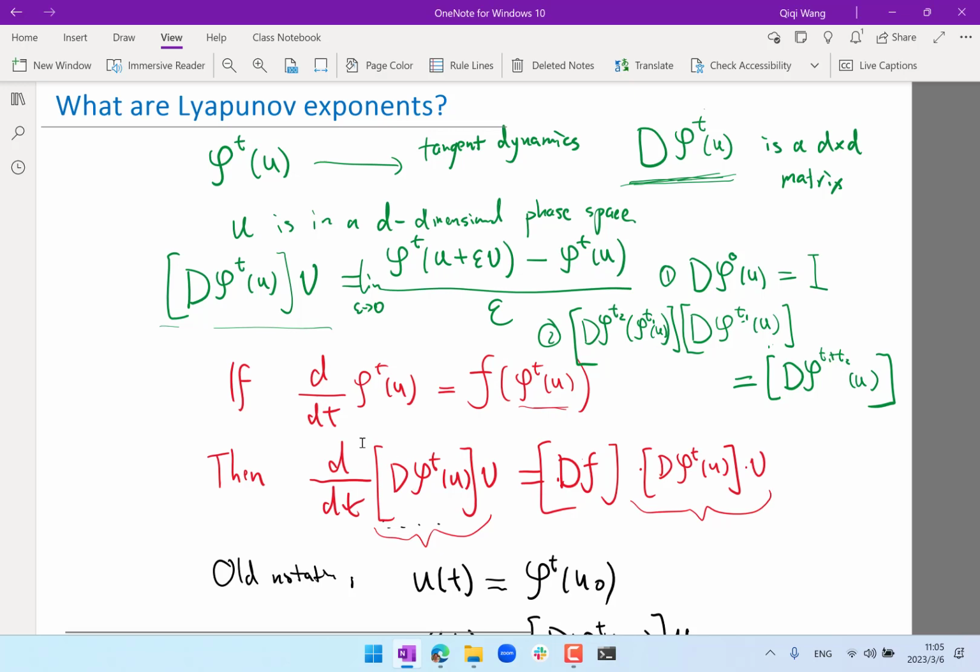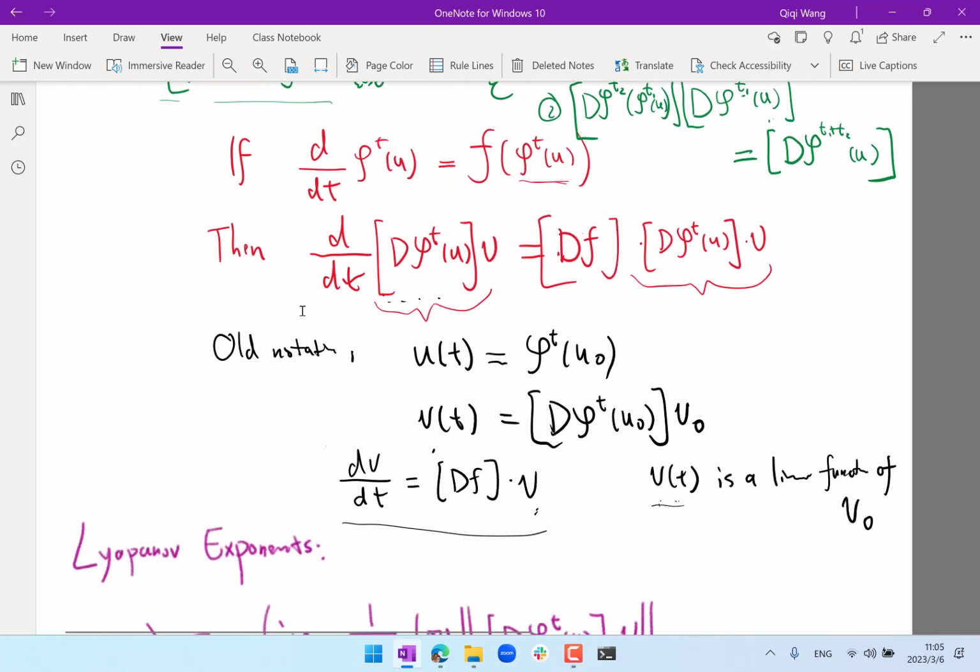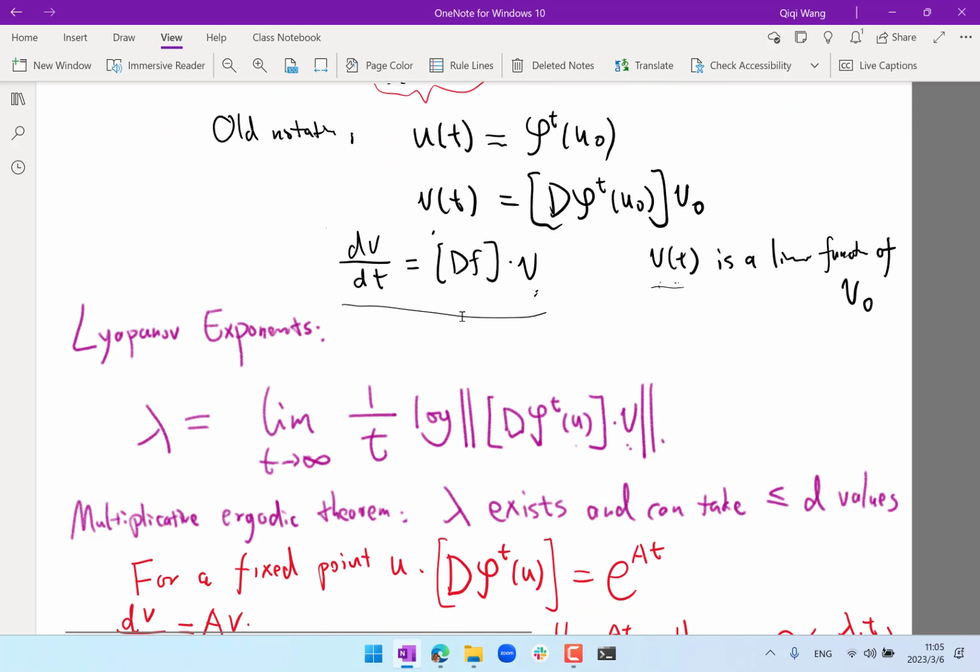Mathematically, it is defined as the limit of 1 over t times the logarithm of the magnitude of the perturbation, right? So essentially, we define the matrix d phi with the index of t. That matrix is the linear operator that transforms the small perturbation at time equal to 0 into a small perturbation at time equal to t.